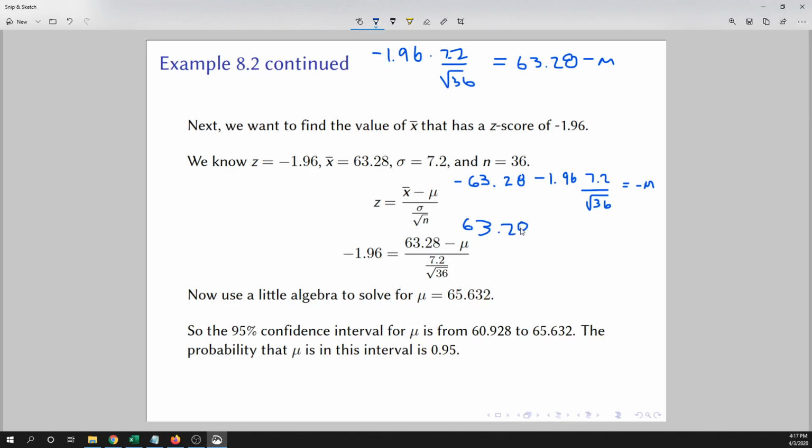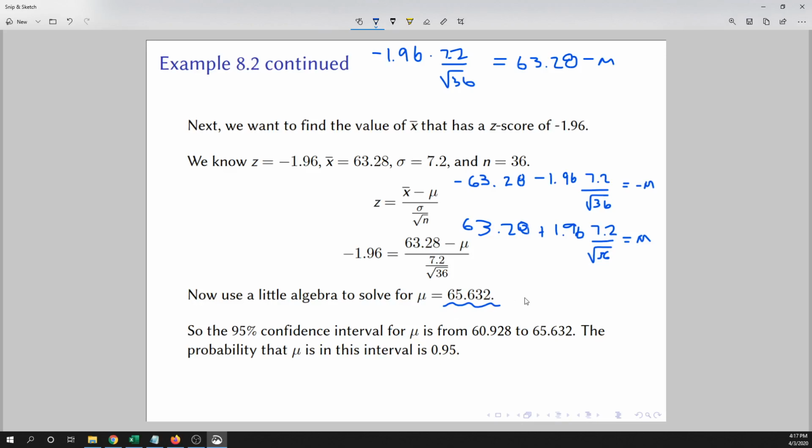So I get 63.28 plus 1.96 times 7.2 divided by square root 36 equals mu. All right, and punch that into the calculator. That's going to be our upper limit for our confidence interval, and that is 65.632.